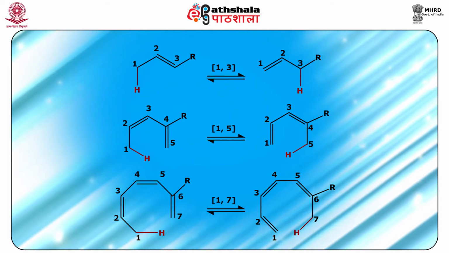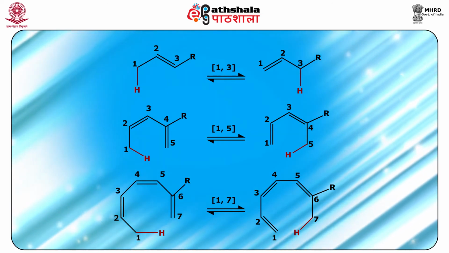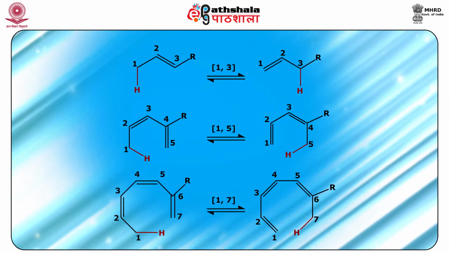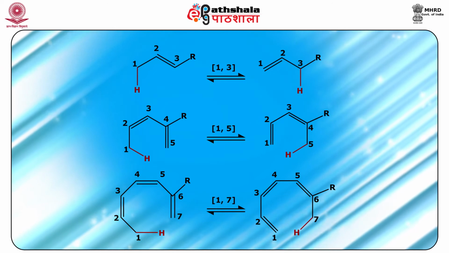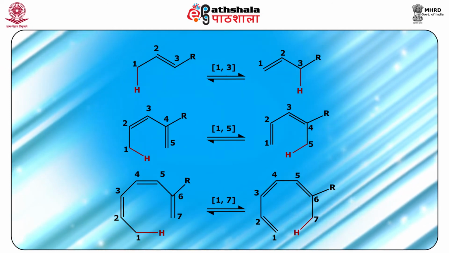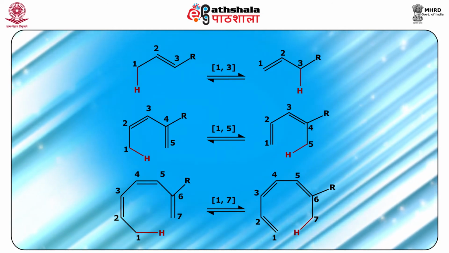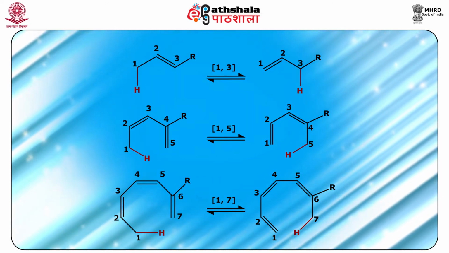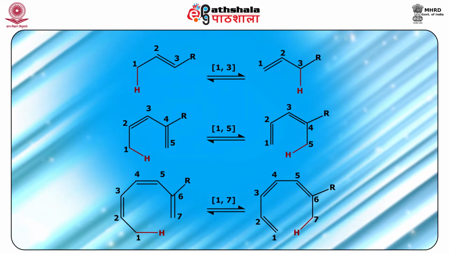Sigmatropic rearrangements [1,n] are common for hydrogen atom shift, with known examples of n equal to 2, 3, 4, 5, 6, 7 and even for longer chains. As you can see in some of the examples, the first reaction is a 1,3, the next one is a 1,5, then we have a 1,7.